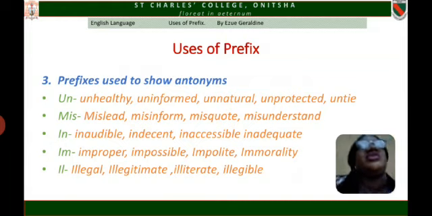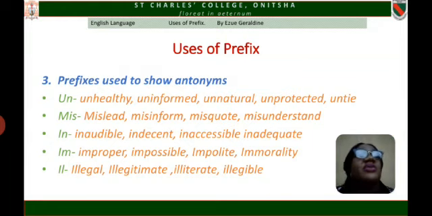Prefixes can also be used to show antonym. What do we mean by antonym? Antonyms are words that are nearly opposite in meaning to another word. So we can use prefix to form the opposite of another word. That is antonym.